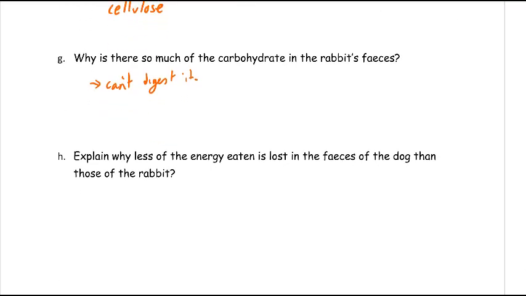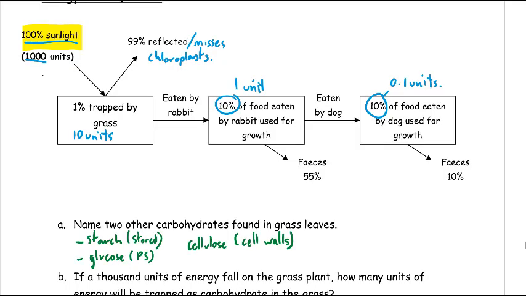Explain why less of the energy eaten is lost in the feces of the dog than those of the rabbit. Now, what this part means is, why is there more energy in the feces of the rabbit than the feces of the dog? And you've got to compare what they're eating. The rabbit is eating the grass.